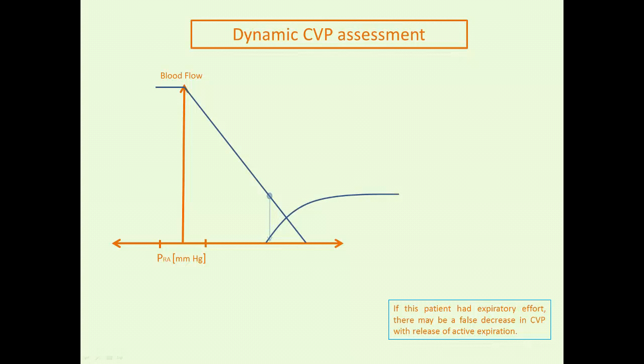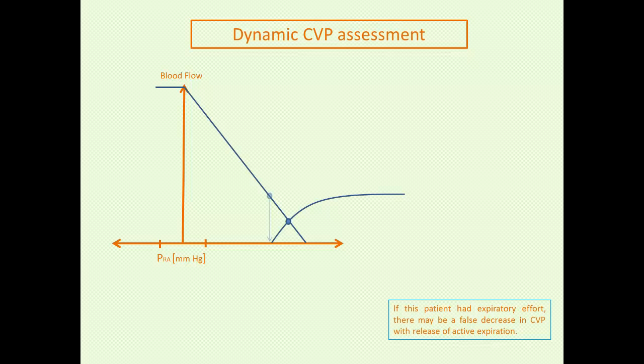Why would that occur? So say this person is bearing down on expiration. Well, they can push their cardiac function curve all the way to the right out here, and because of that increase in pleural pressure, now you're intersecting the ascending portion, even though the patient began on the plateau portion.